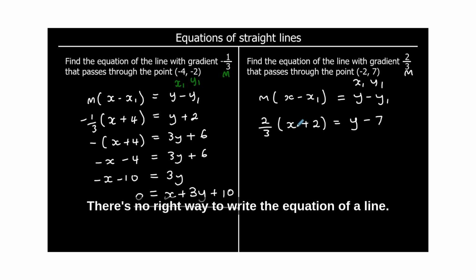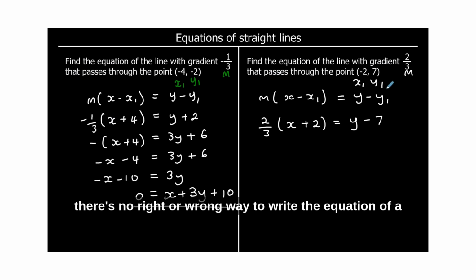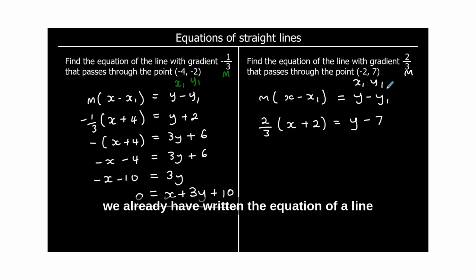There's no right way to write the equation of a line. Unless the question tells you it wants the answer in a specific form, there's no right or wrong way to write the equation of a line. And actually, we already have written the equation of the line in a different way. Let's do ax plus by plus c equals 0 though.